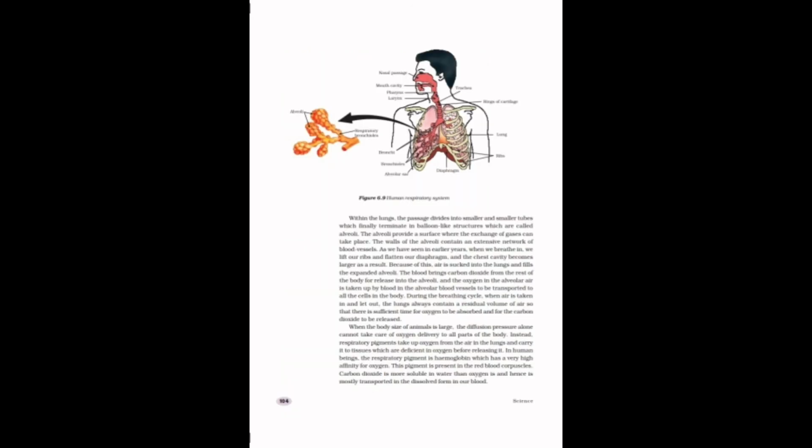Within the lungs, the passage divides into smaller and smaller tubes, which finally terminate in balloon-like structures called alveoli, singular alveolus. The alveoli provide a surface where the exchange of gases can take place. The walls of the alveoli contain an extensive network of blood vessels.